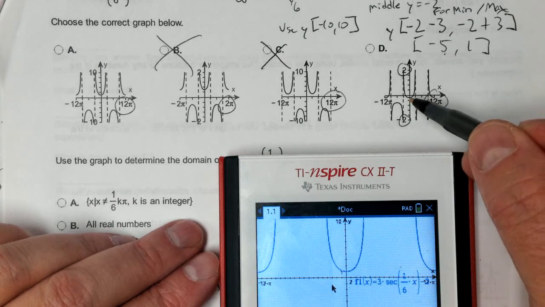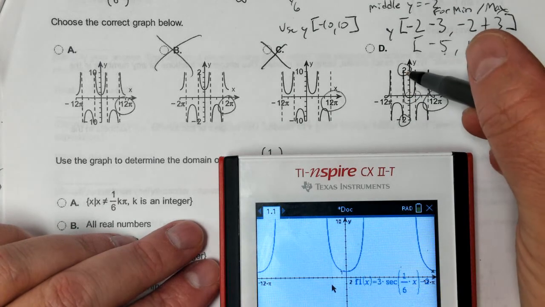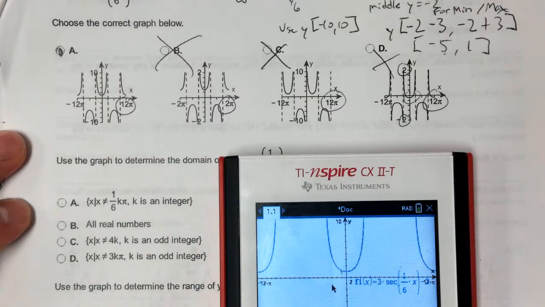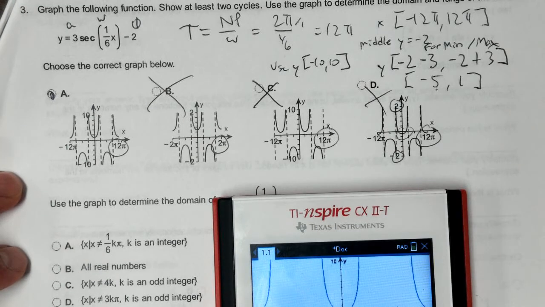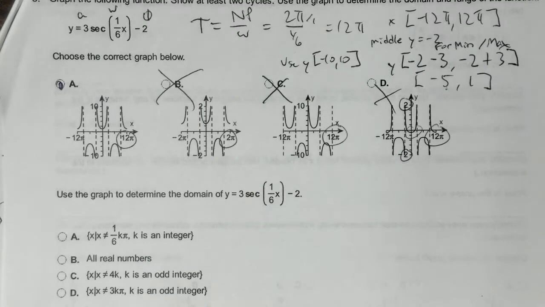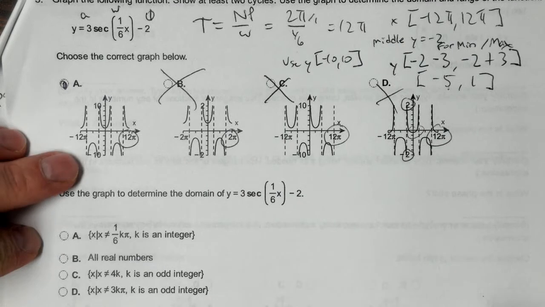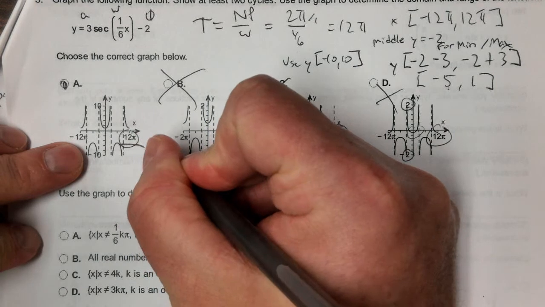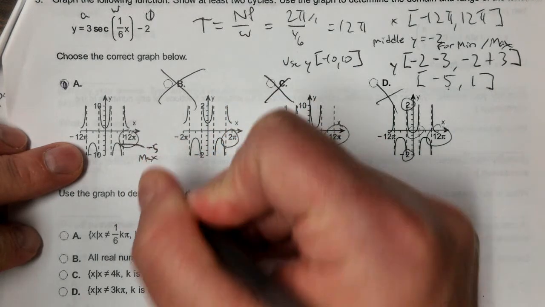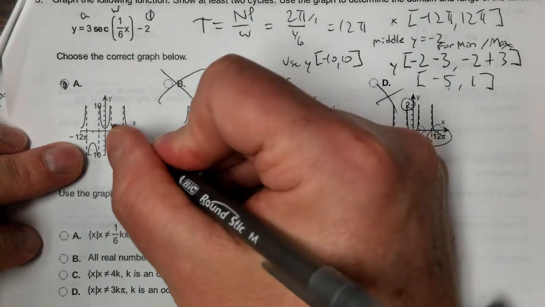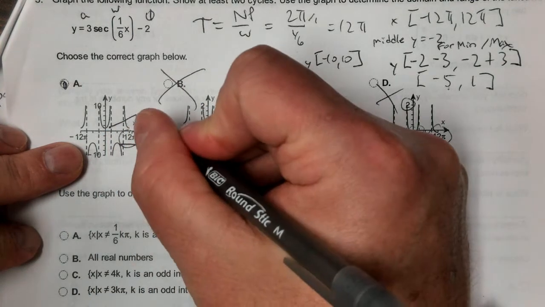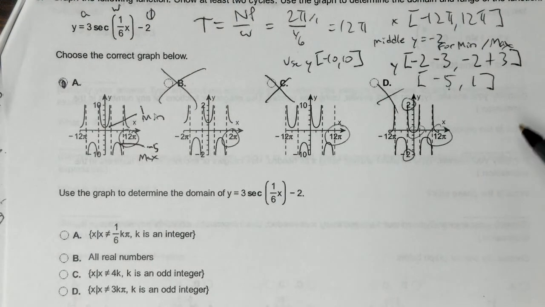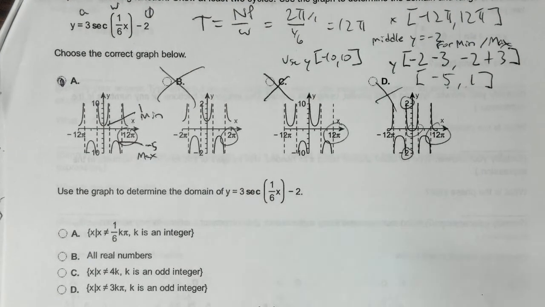This one's centered, but it's lower, and it also just went to 2. So we know that we're at the A graph. Okay, that's our A graph. And so now relating what I've already written, the negative 5 would be the y value for a maximum, and the positive 1 would be a minimum, the y value. So that's how this part relates to what the graph is.